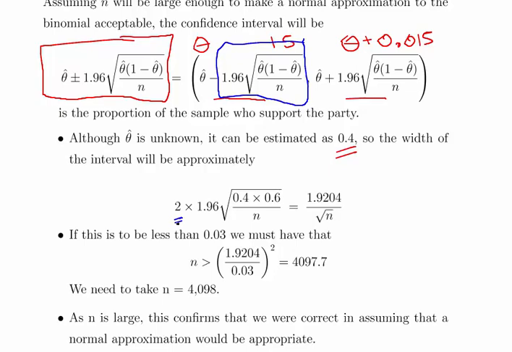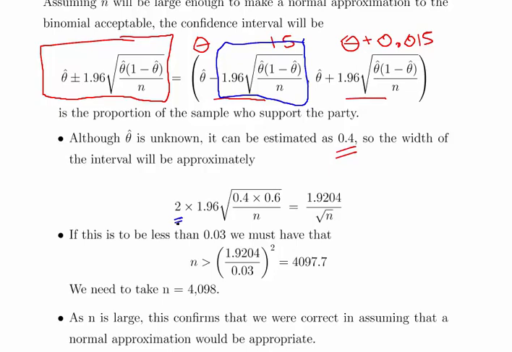It's 2 times 0.015, which is the difference between the lower bound, which is minus 0.015, to plus 0.015. So that's where the 2 comes from. It's like the difference of minus 1 to 1 is 2. So 2 times 1.96 times the square root of 0.4 times 0.6 divided by the square root of n.